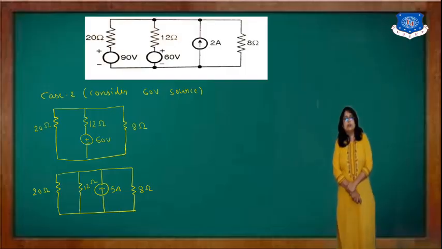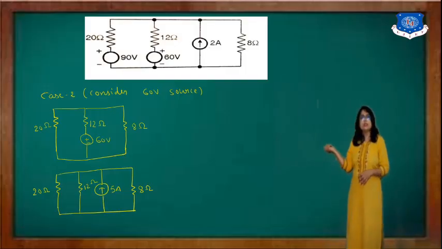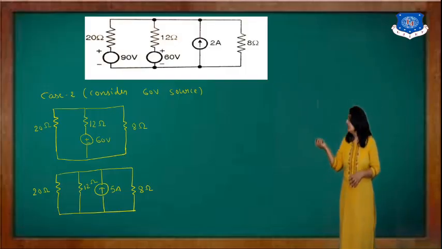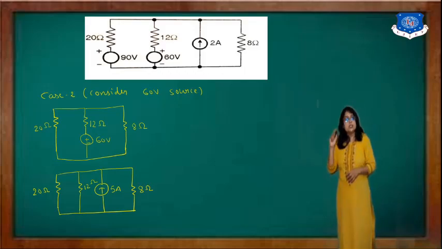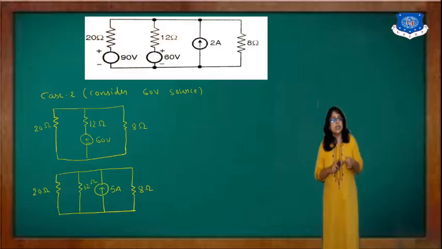So here I'll use a different technique. I'm going to convert the 60 volt source and 12 ohm into a current source. So this time, why have I not considered 20 and 8 in parallel? Only one reason, because I want to find the current through the 20 ohm resistor.